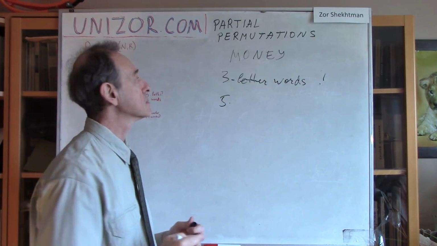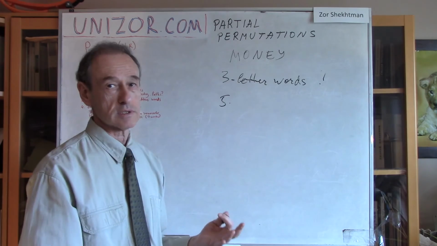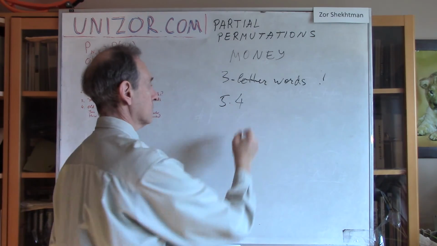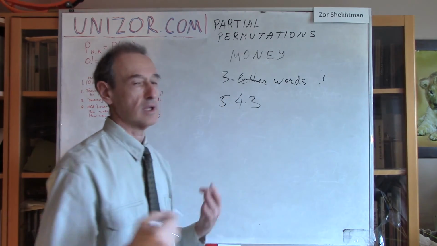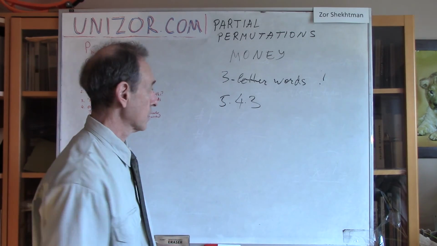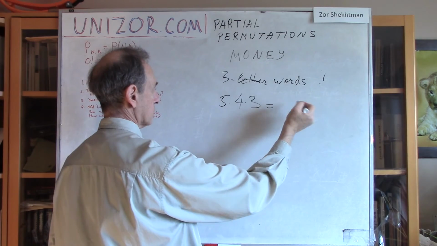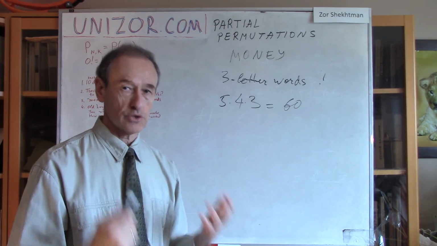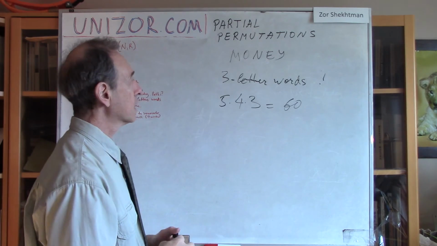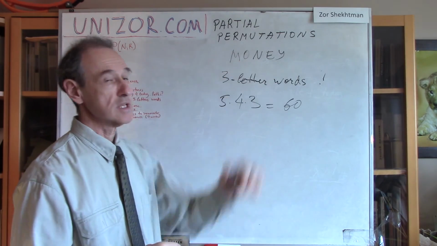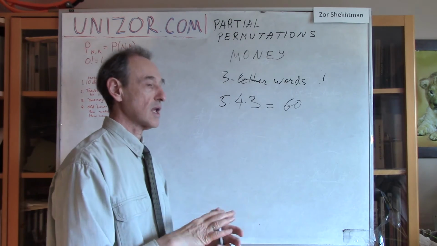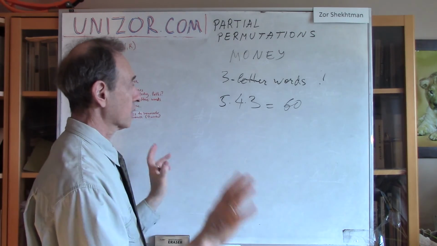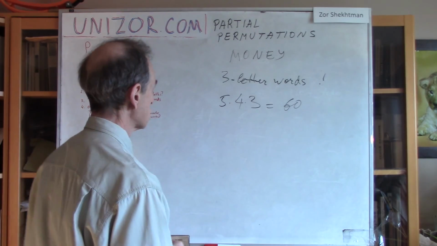With each of these, we can have only 4 letters left, so we have 4 different choices for the second letter. And for the third letter, correspondingly, we have 1 less, which is 3. And that's the result, which is 60. So 60 different 3-letter words we can construct out of these 5 letters. And obviously I'm not talking about which words exist in the English language or not. We're talking about formal words.